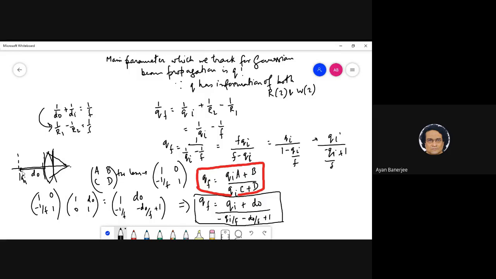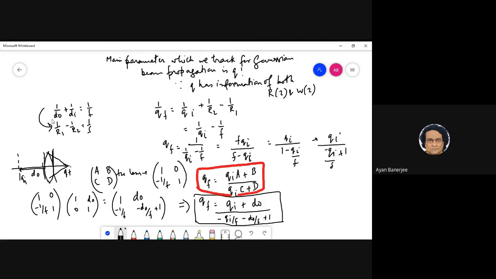This is QI, and then it travels D0, then the lens focuses it to the new point, that is QF. No, wait, there's a difference. I'm not saying that it travels this much distance. I'm saying that it just goes from the lens finishes focusing.